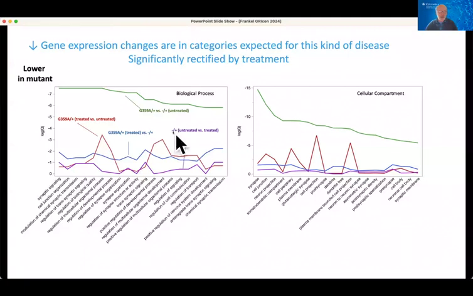Importantly, when you look at treated versus untreated control mice, there's no clustering. Even treated versus untreated mutant mice, there's not a lot of clustering. So this basically shows that all those problems that those mutant mice had were largely mitigated by the treatment.